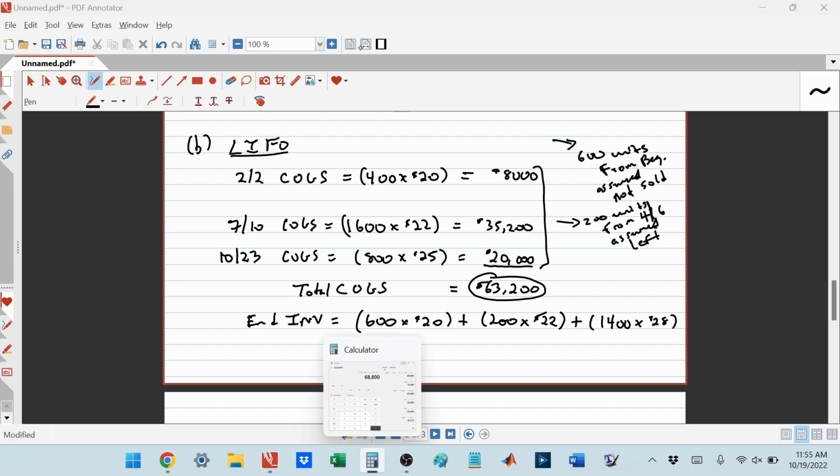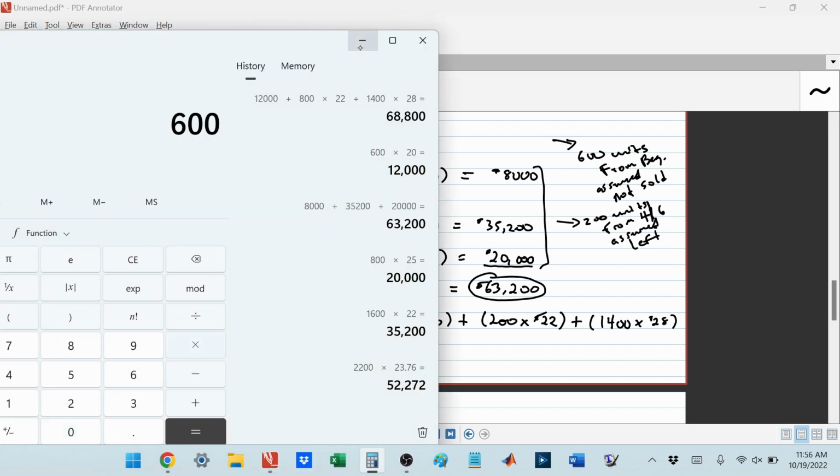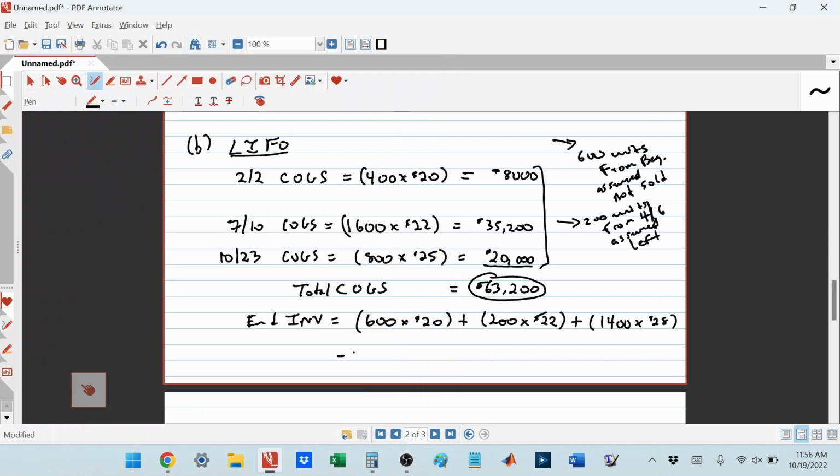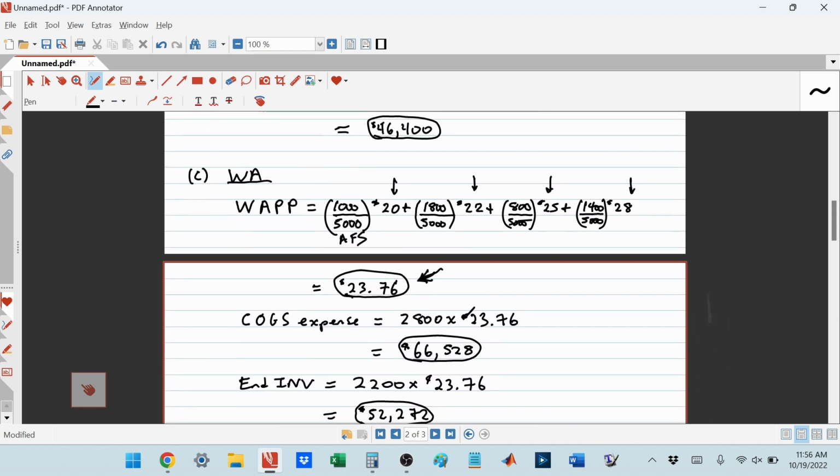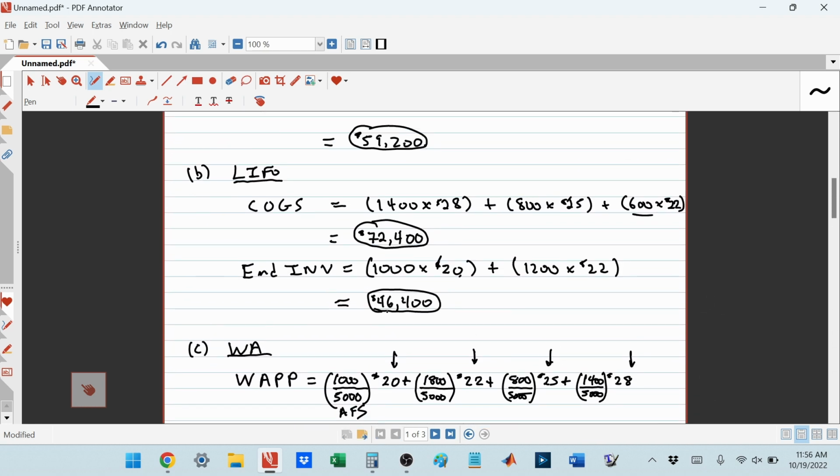Oh, I did this incorrectly, sorry. 600 times 20 plus 200 times 22, not 800 times 22, sorry, plus 1,400 times 28. So 55,600. Notice that LIFO perpetual ending inventory, 55,600, isn't the same as LIFO periodic ending inventory, 46,400.